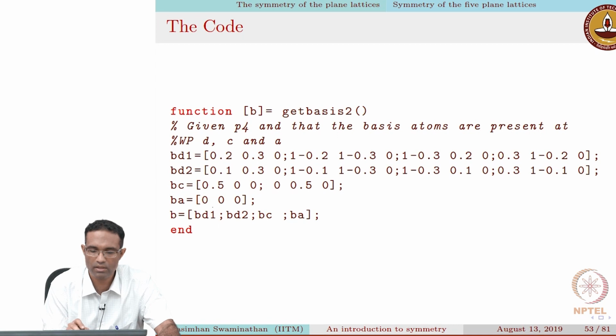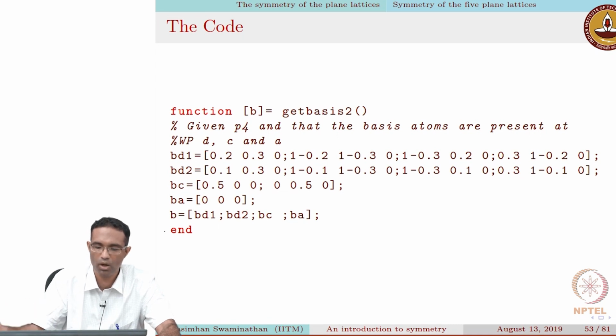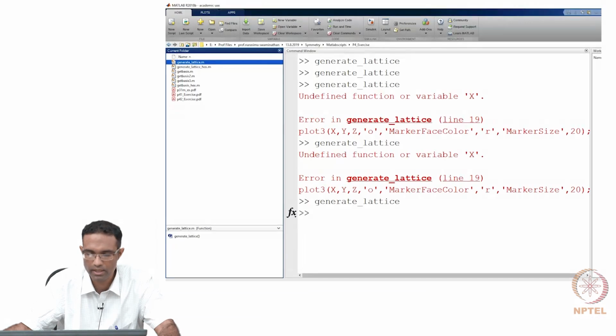This is the C, this is the atom at A, and I am just concatenating all these atoms and I will generate the crystal.